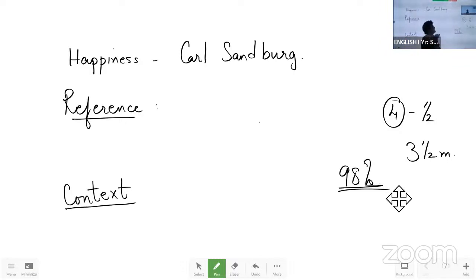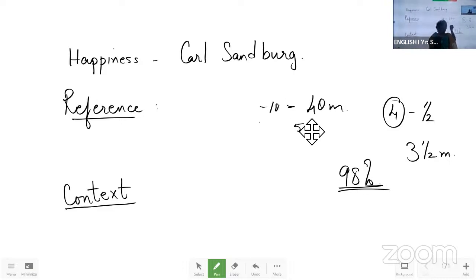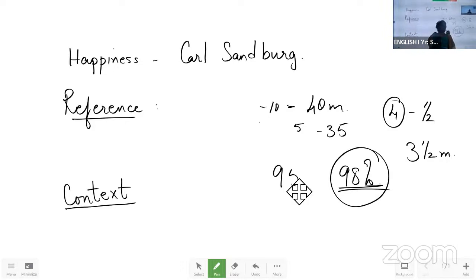Because section A carries 40 marks, 10 questions. If you minus 5, you get 35. That means automatically you cannot get beyond 95 marks. That is as per the exact marking scheme of IPE board. Yet children who have written very, very well have got 98 marks.